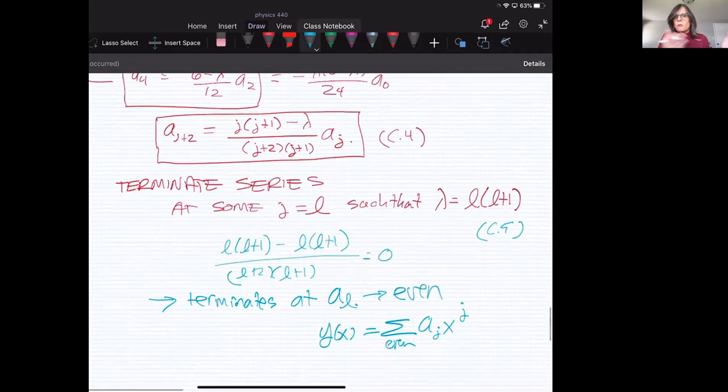Where we can actually normalize these things. This becomes then the even powers of the Legendre polynomials.